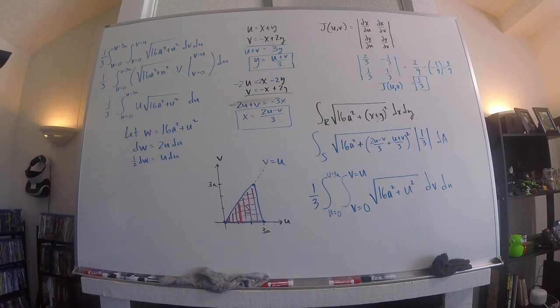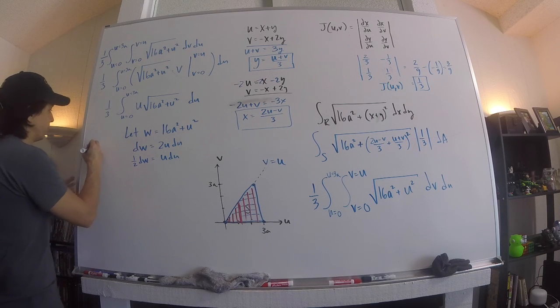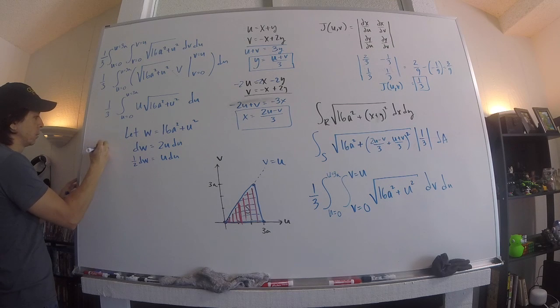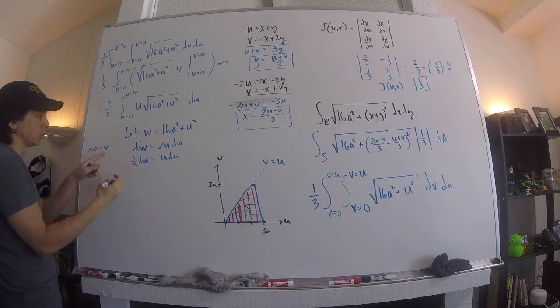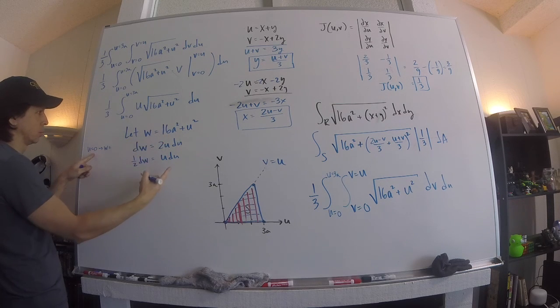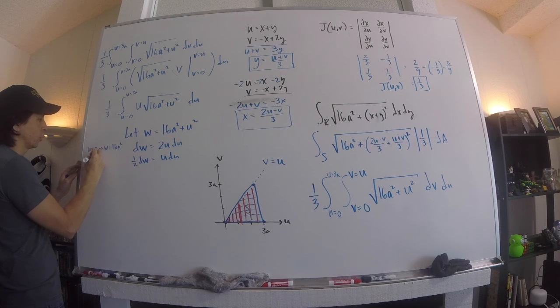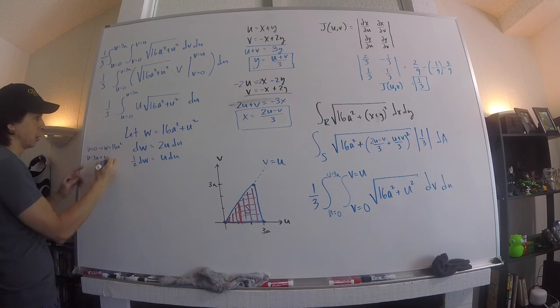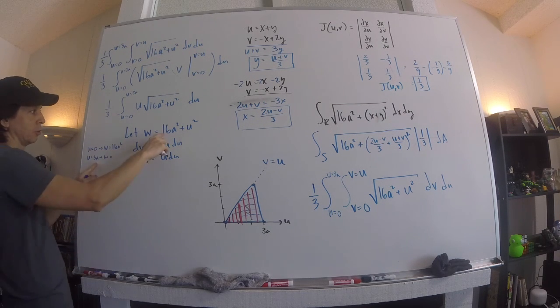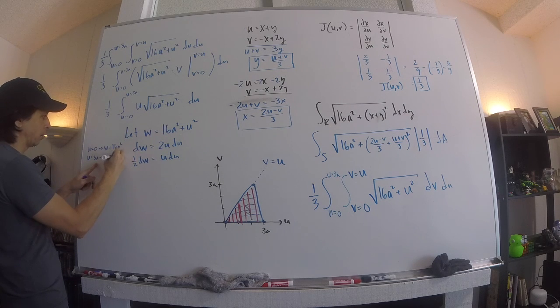Do I want to change my bounds of integration? Yeah, why not? When u is equal to 0, my w is equal to just 16a squared. When u is equal to 3a, my w is equal to 16a squared plus 9a squared, which is 25a squared.